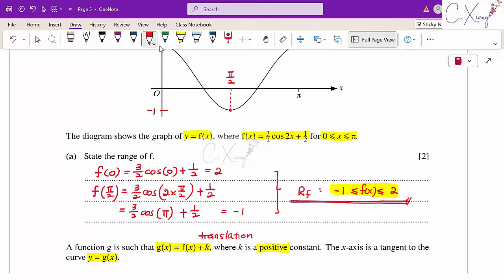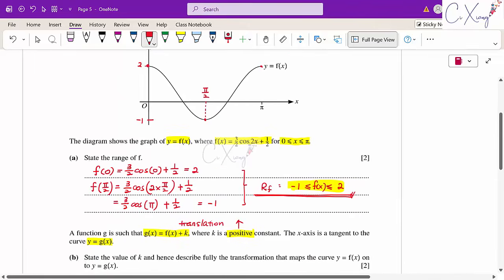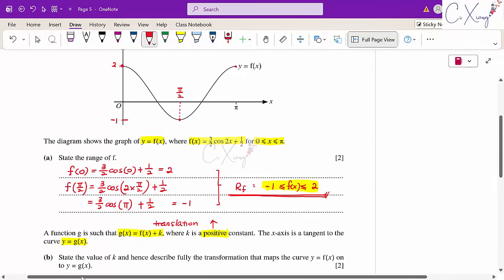A positive constant in the translation means that it is going to move up for a certain number of units. For k units, let's say k is 2, then move up 2 units. If let's say k is 5, then you are moving up 5 units. So positive means that the graph is moving upwards. Right. The x-axis is a tangent to the curve y equals g(x). That means when I try to sketch the diagram of g(x), now the x-axis becomes the tangent of g(x).